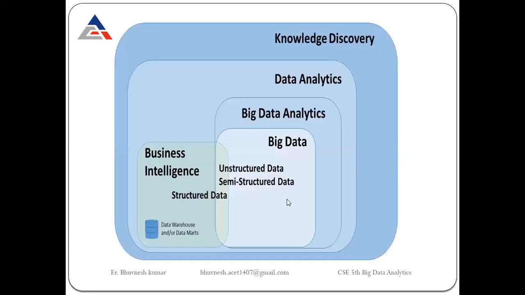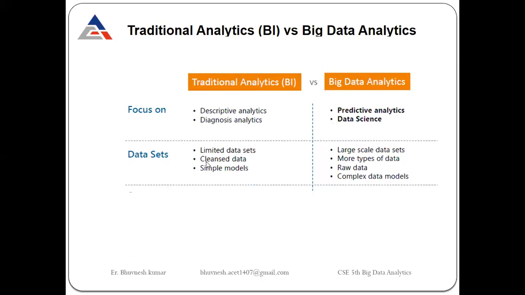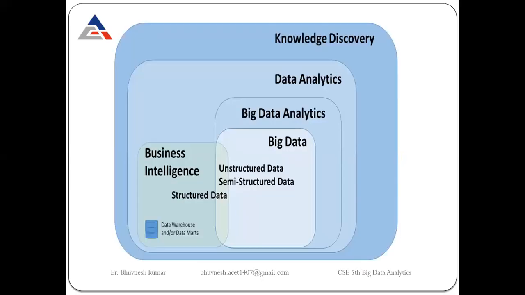Next is the diagram that is shown. Here is your business intelligence, a Venn diagram. In your business intelligence, you have structured data, only structured data. Cleansed data means it is structured data. Limited data means you are using a data warehouse and data marts.